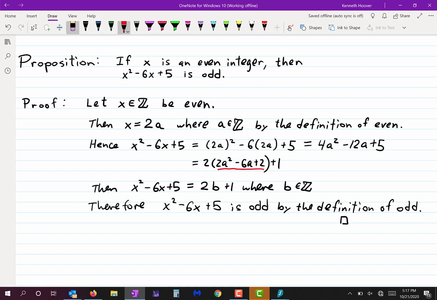So I need to make that clear. I just said here where b is an integer, what I should really say is where b equals 2a squared minus 6a plus 2, which is an integer. And there we go, done with the proof.